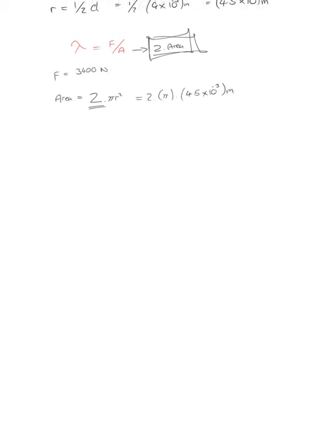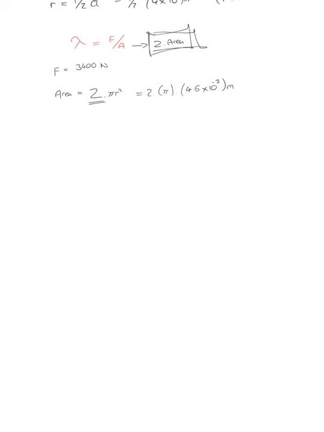So I know force, I know my area. I can plug in and solve for shear stress. So shear stress tau is equal to 3,400 newtons over 2 pi times 4.5 by 10 to the minus 3, squared. So we're going to end up with a unit that's newtons per meter squared. It's going to be a pascal, so I'm on track.